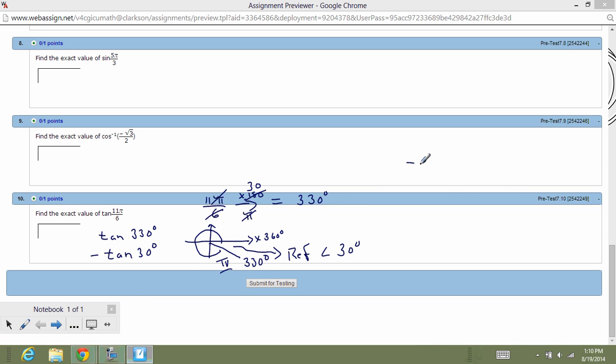Then, if we just consult our reference chart, 0, 30, 45, 60, and 90, and 30 degrees has a value of square root of 3 over 3. And so our value here is going to be negative square root of 3 over 3. And that's what you'd put in your answer space.